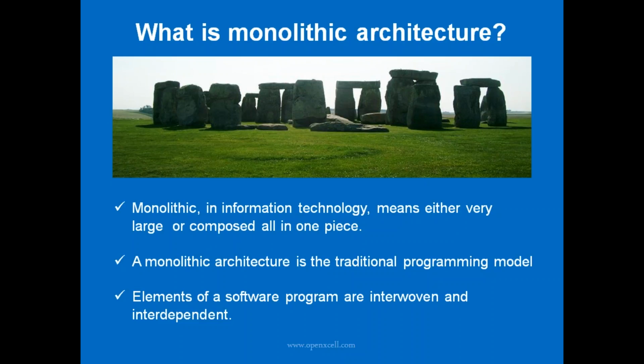As stones stay firm in one place, in the same way all the pieces of the application stay in the same place. In this type of architecture, all components are tightly coupled and interdependent on each other. To compile and execute this type of program, all its components are placed on the same server with interdependent code.